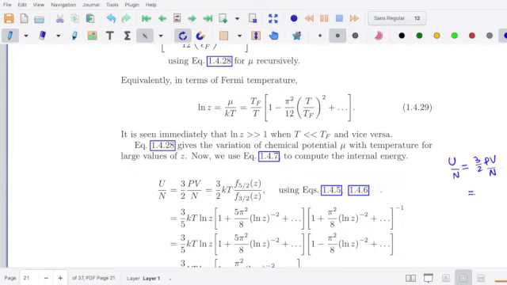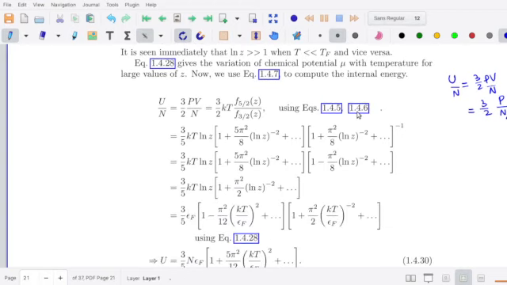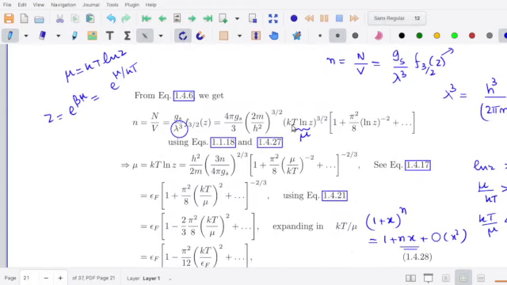Now this is equal to 3 by 2 times P divided by N by V. Now we have the expression for PV and N already obtained here.